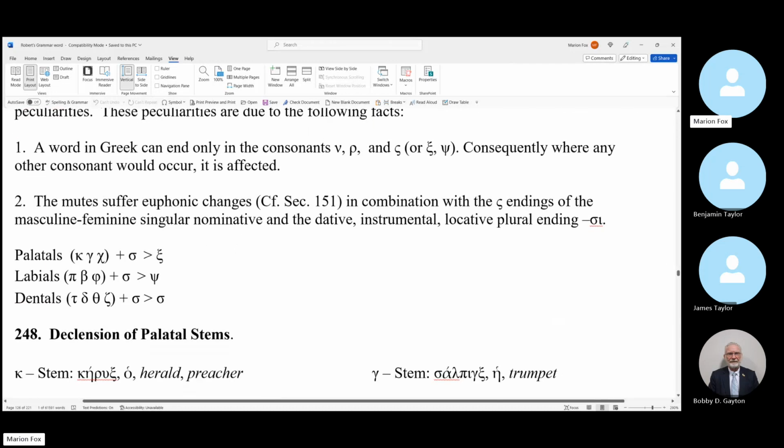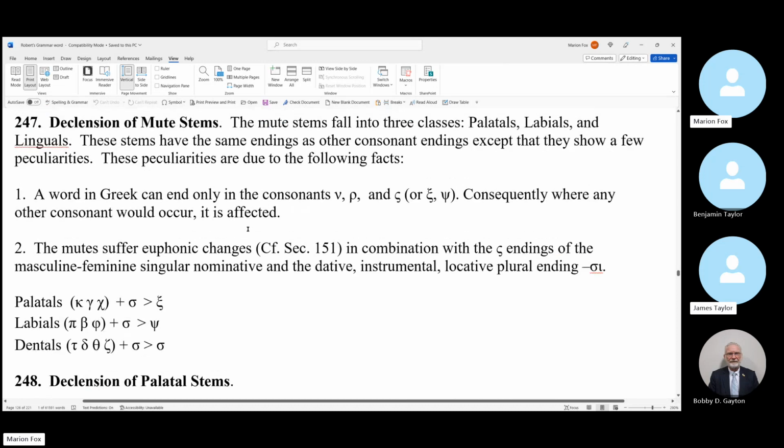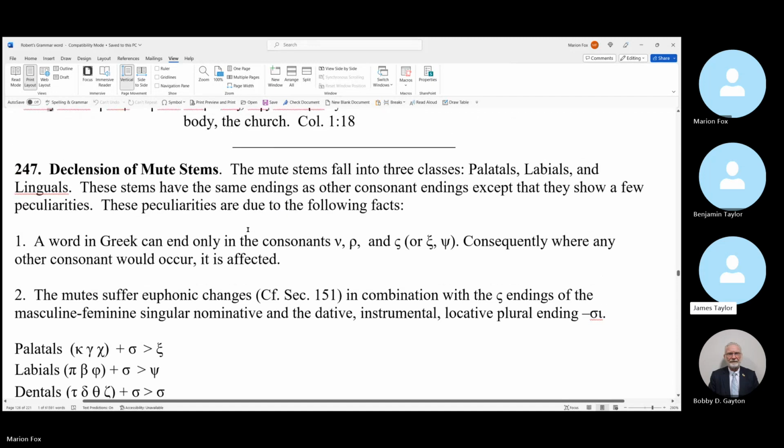All right. Euphonic. Well, I'm sorry, go ahead. It says a word in Greek can end only in those consonants, but what about to, he, and ho? Yeah, they're not considered consonants. The only consonants that can end a word are these. Other consonants couldn't end the word.